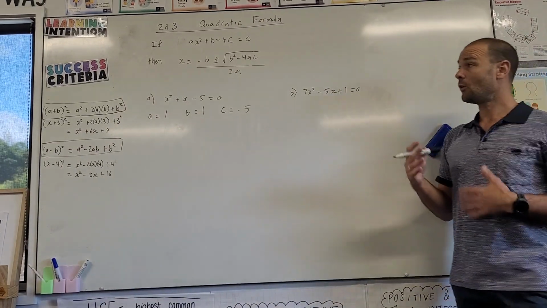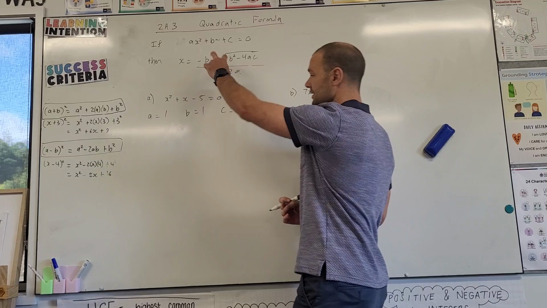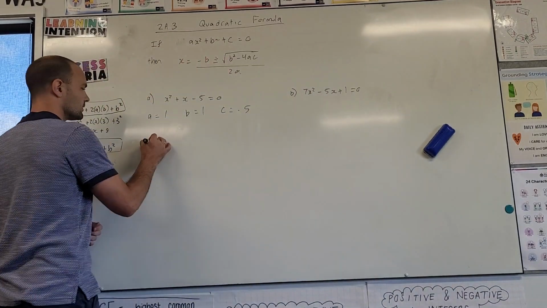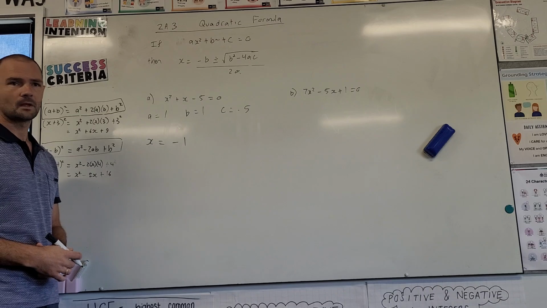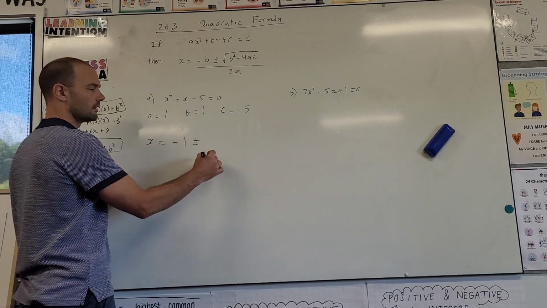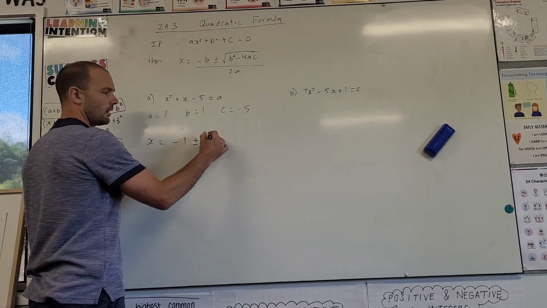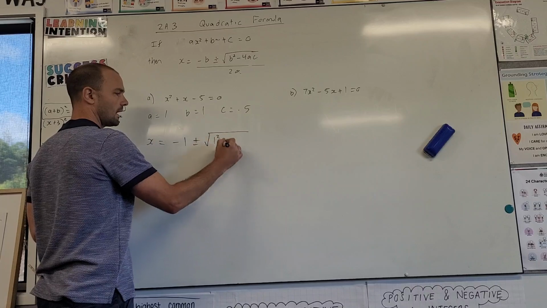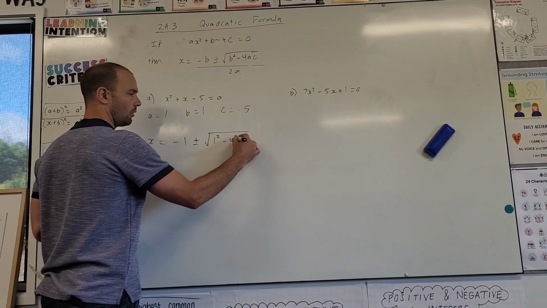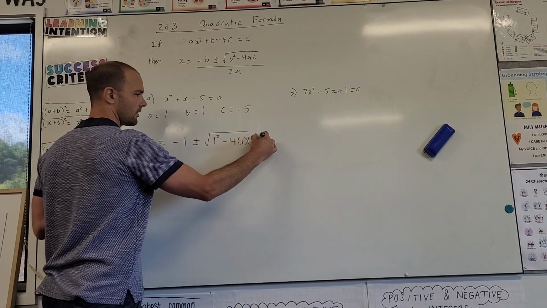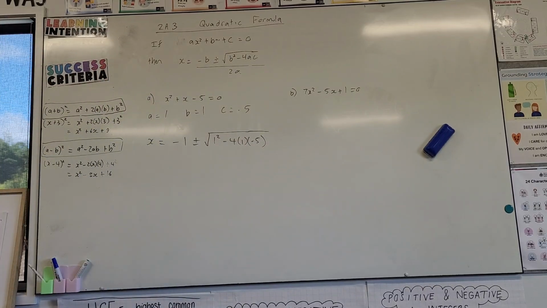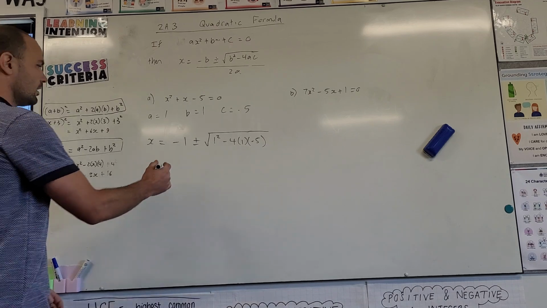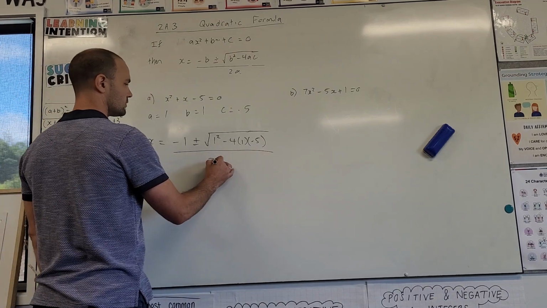All right, so now all we're going to do is plug those numbers into this formula. So we'll have x is minus b plus or minus the square root of b squared, take away 4 times a times c, all divided by 2a.